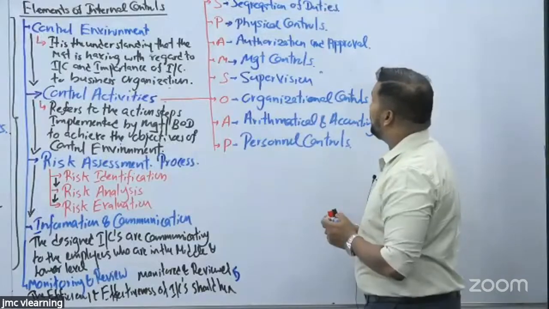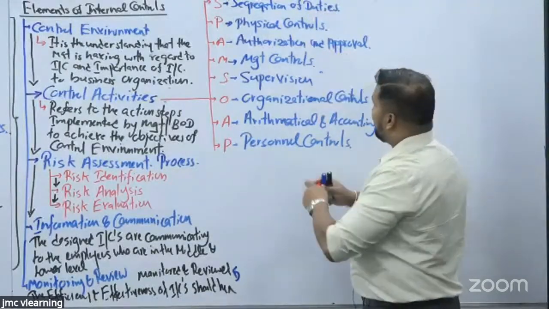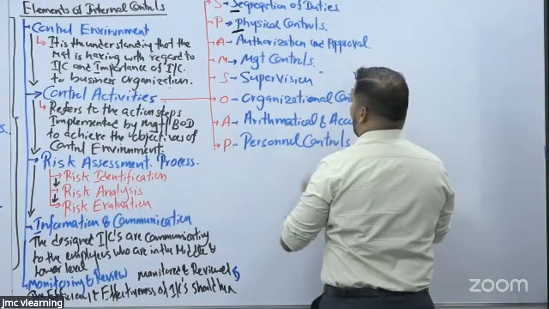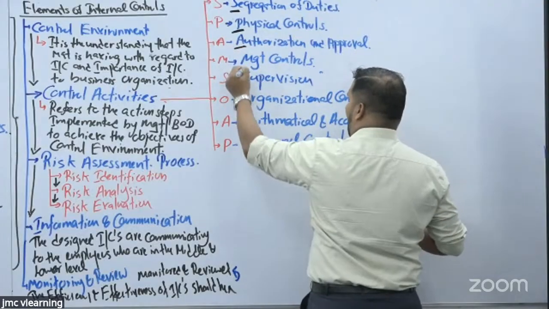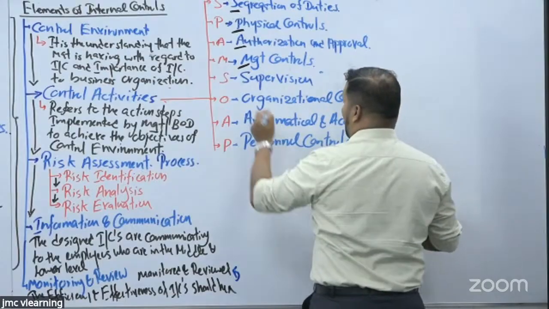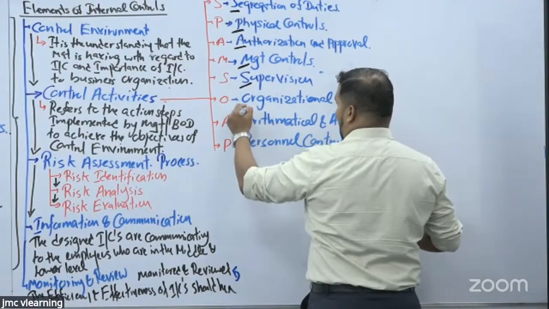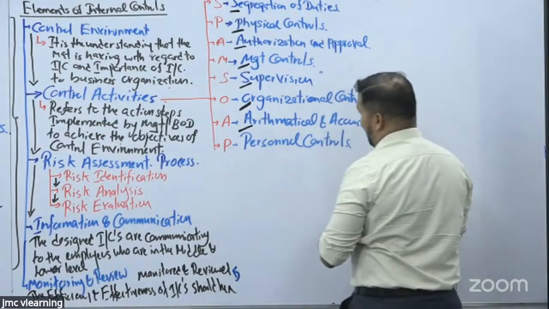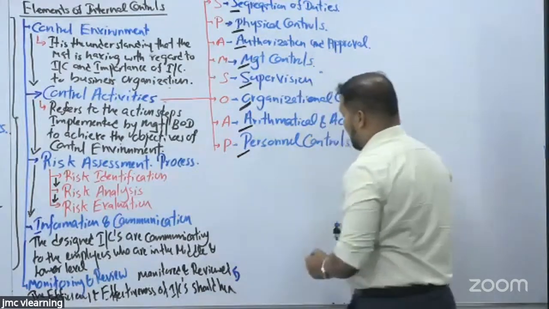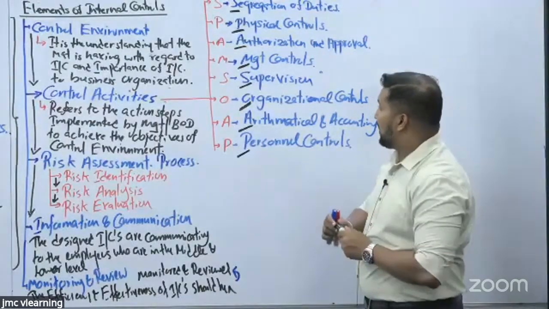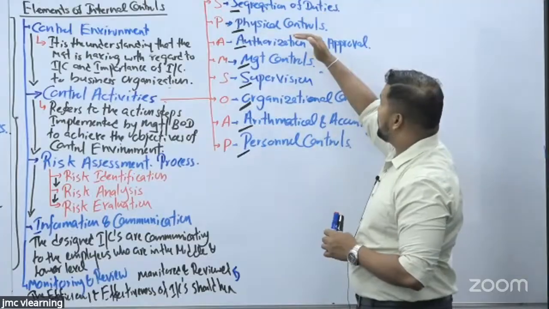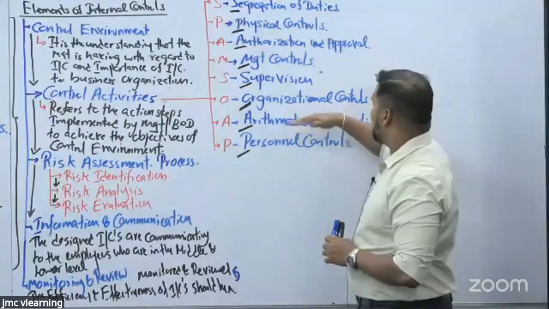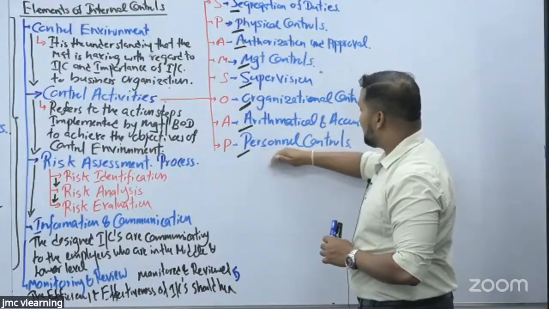So you have segregation of duties, S. Then physical controls, P. Authorization and approval, A. Management control, M. Supervision, S. Organizational control, O. Arithmetical and accounting control, A. And personal controls, P. So this is what SPAMSOAP is all about: segregation of duties, physical controls, authorization and approval, management control, supervision, organizational controls, arithmetical and accounting control plus personal controls.